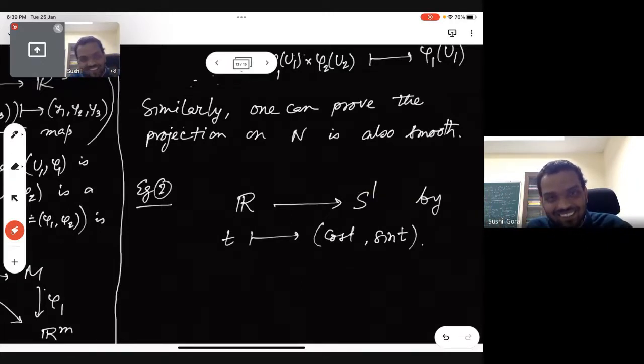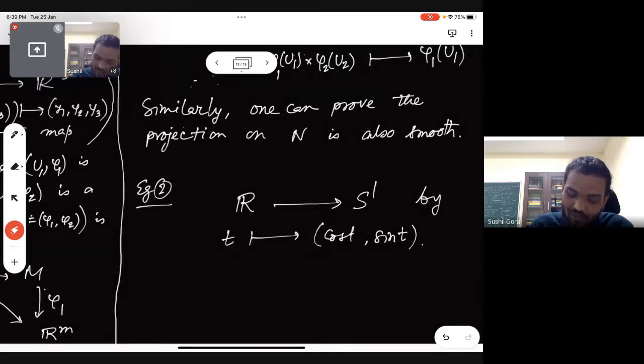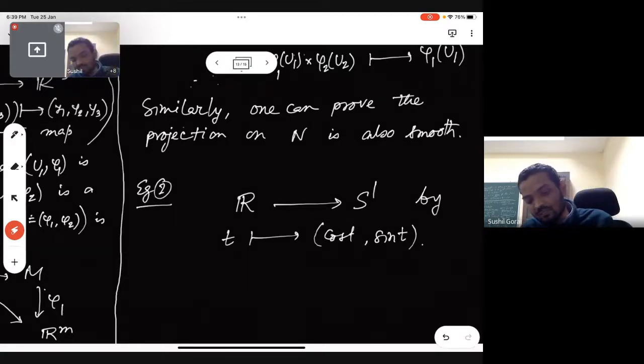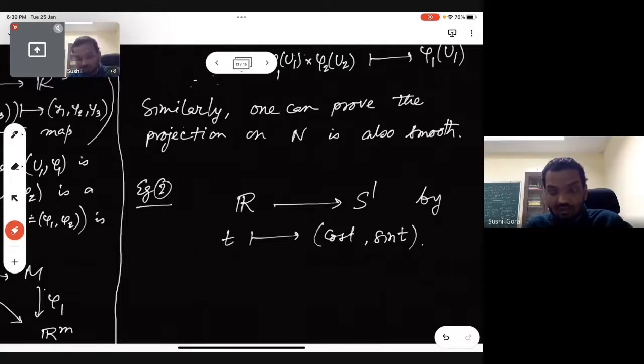This is just calculus, from Rn to Rm, you know what a smooth map is. So if you forget S1 and look at it as a map in R2, it's already smooth. It is of course going into S1, but one can think of this as a map from R to R2.